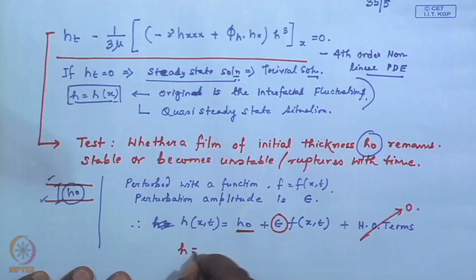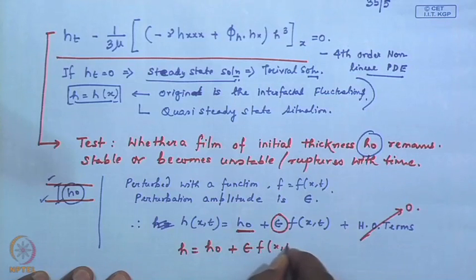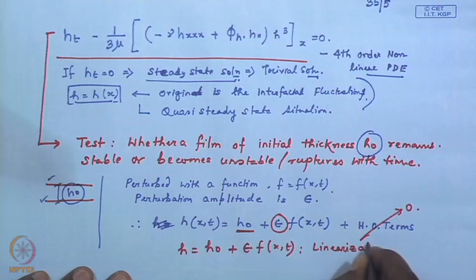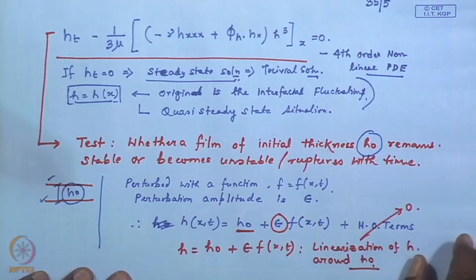gives us the extent to which the film thickness deviates from its equilibrium thickness H0. So, what we can do is, H becomes H0 plus epsilon f(x,t), which is a linearization of H around H0 using the simple Taylor series expansion.